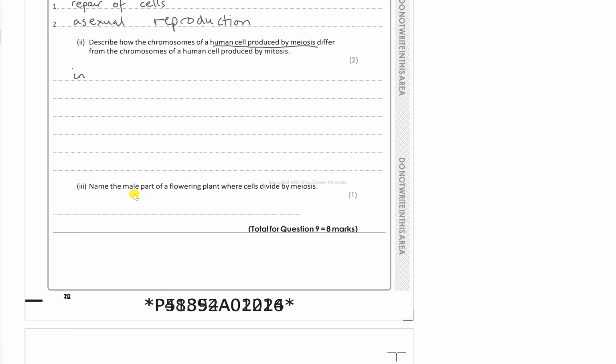So in mitosis, you have 46 chromosomes, and the cells produced are genetically identical.